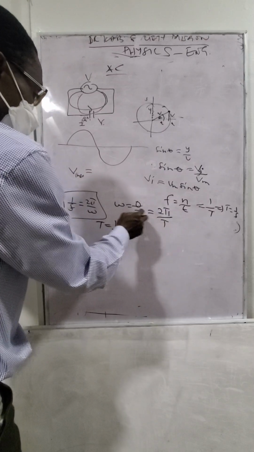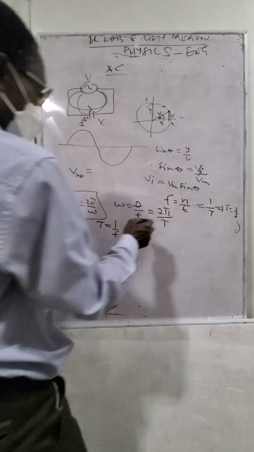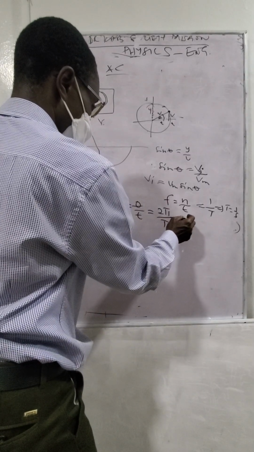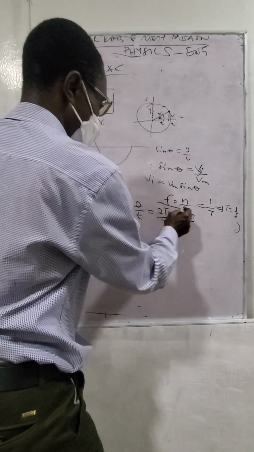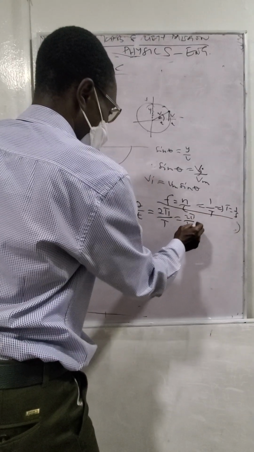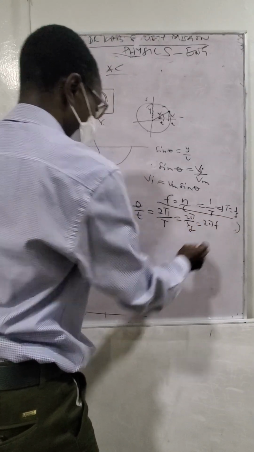So this is the same as saying that this is equal to 2 pi over 1 over f, which becomes 2 pi f.